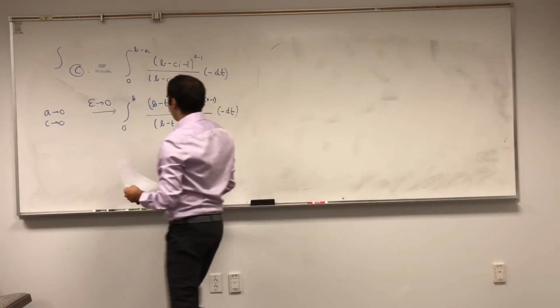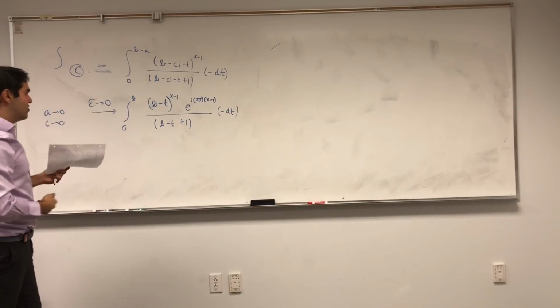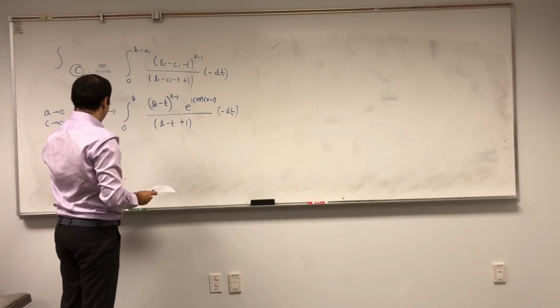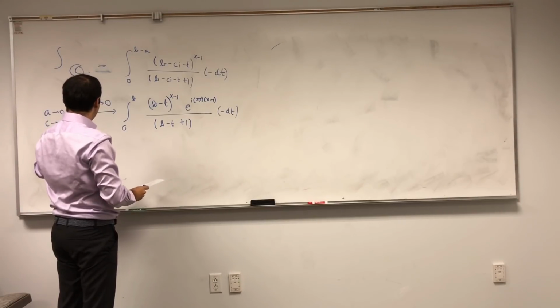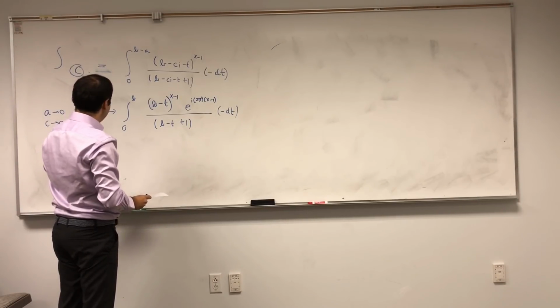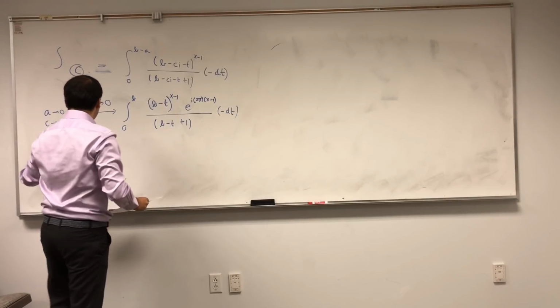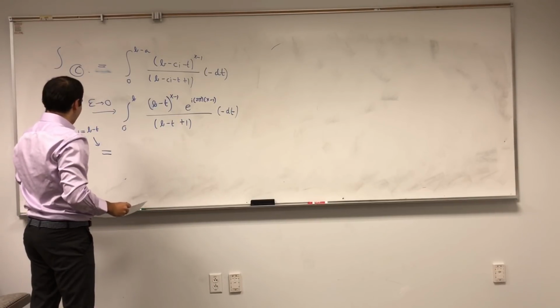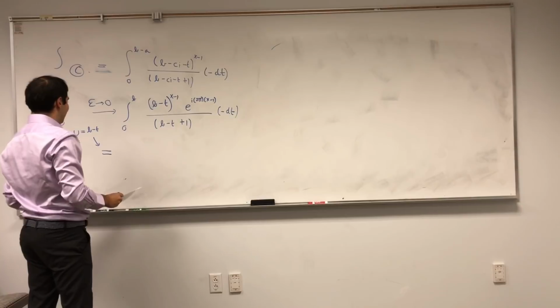But first, let's do a change of variables. So let u be b minus t, and then du is in fact minus dt, so that's very nice.